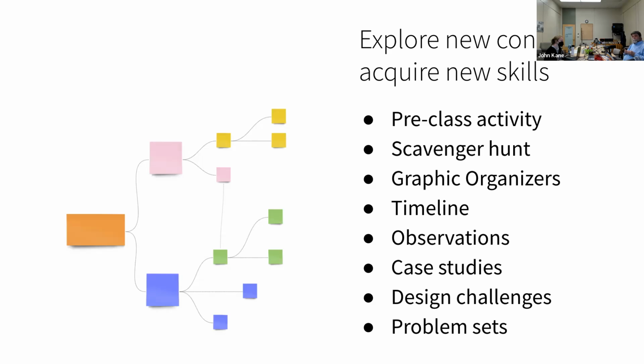So maybe that's through a timeline. With graphic organizers, the research is really mixed. In general, retrieval practice has been found to be dramatically better, even if the students are going to be tested using mind maps and concept maps and so forth. So the research there is a bit questionable, or suggests that the effectiveness is a bit limited.